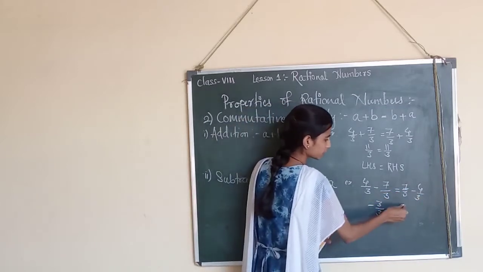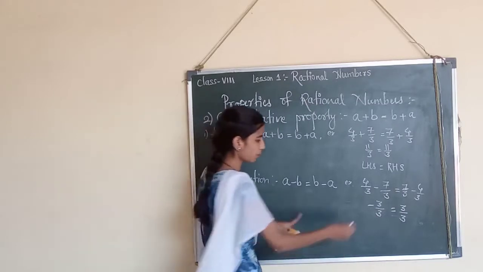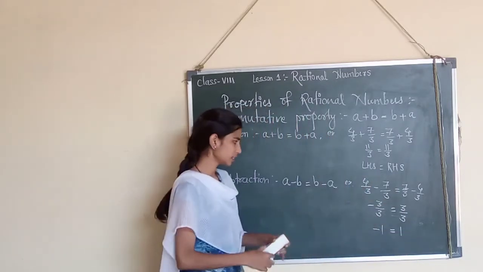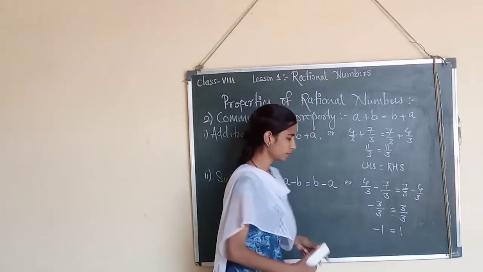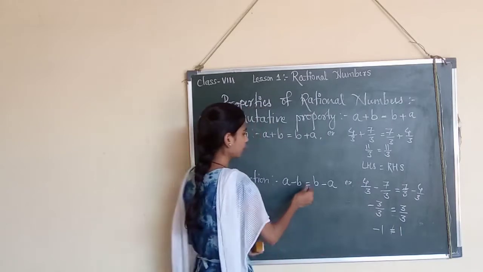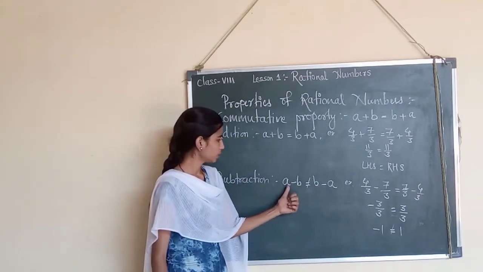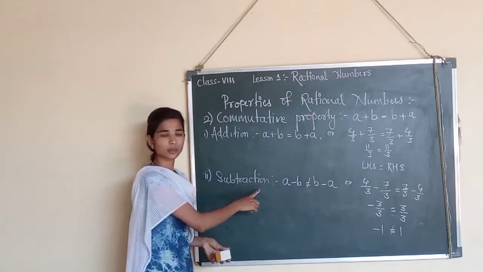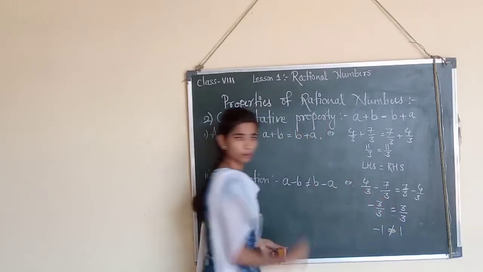And here 7 minus 4 is what? 3 by 3. If we find the simplest form, it will be minus 1 and plus 1. Can we say that minus 1 and positive 1 are equal? No, they are not equal. It means that the commutative property does not hold for rational numbers under subtraction. Minus 1 is not equal to plus 1.